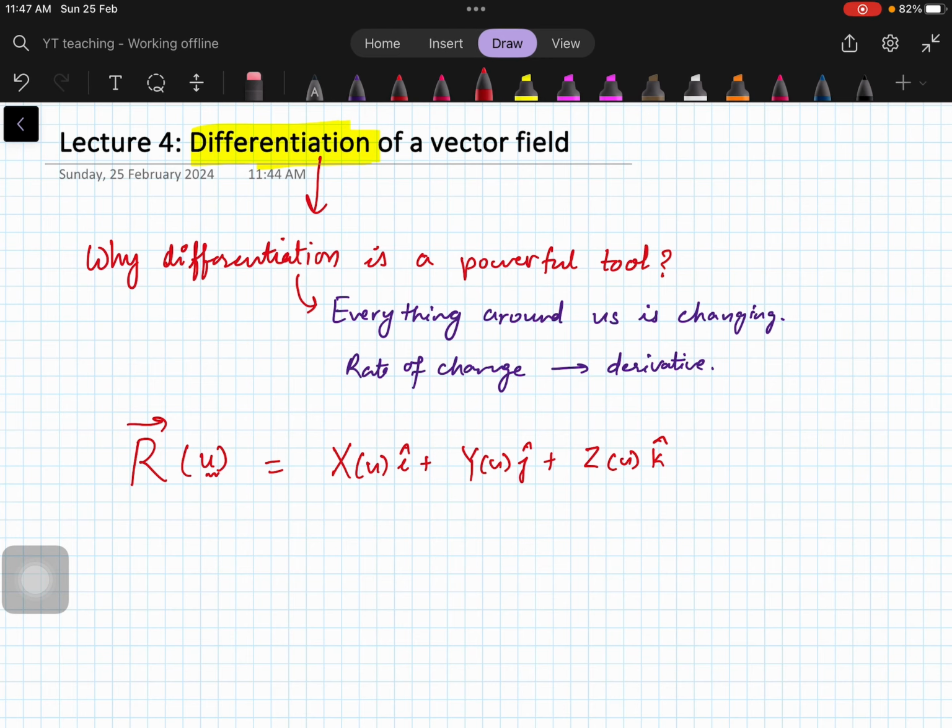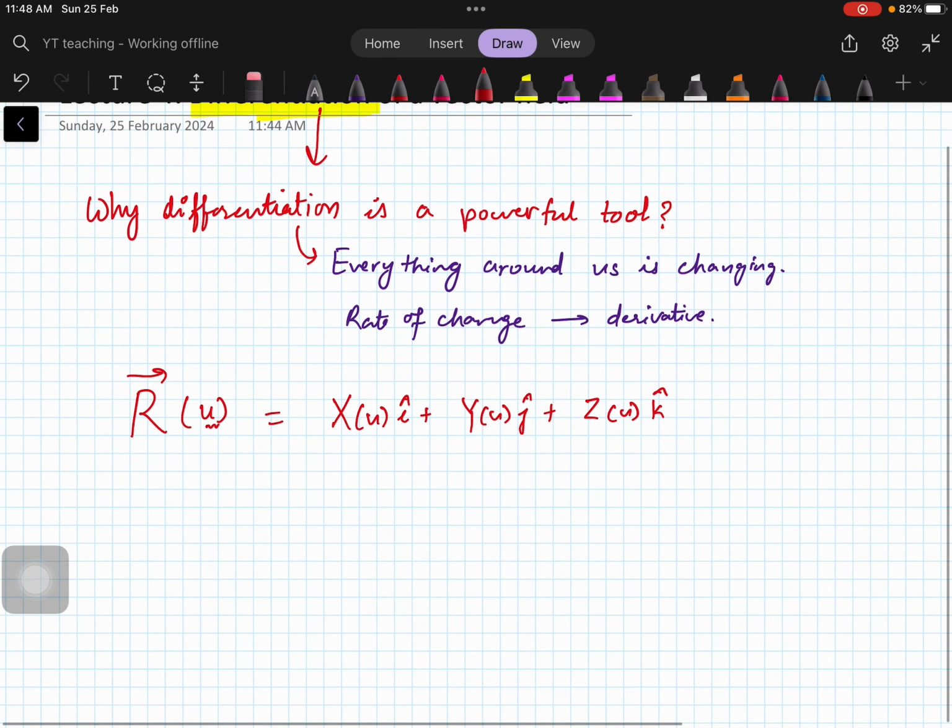Right? So how can I think of this thing? When you have a function you have just x of u, that is a function, right? But now we have our function having three components: x component, y component and z component, right?